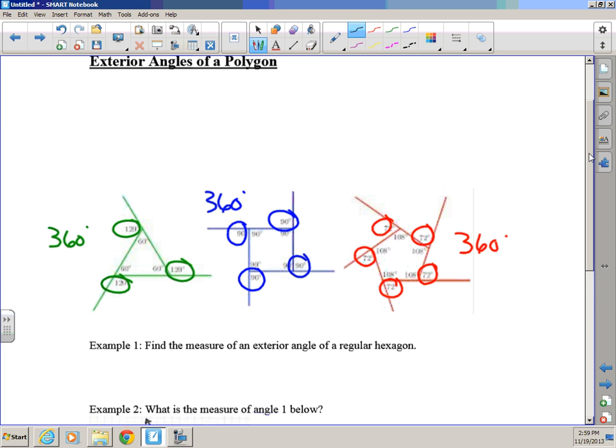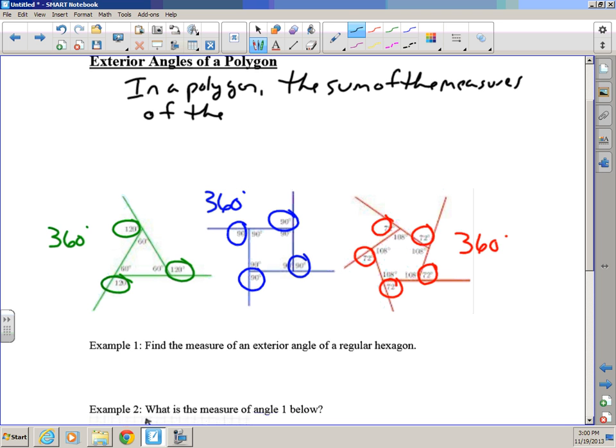So, hopefully you've now been able to see that the rule is, in a polygon, the sum of the measures of the exterior angles is 360 degrees.